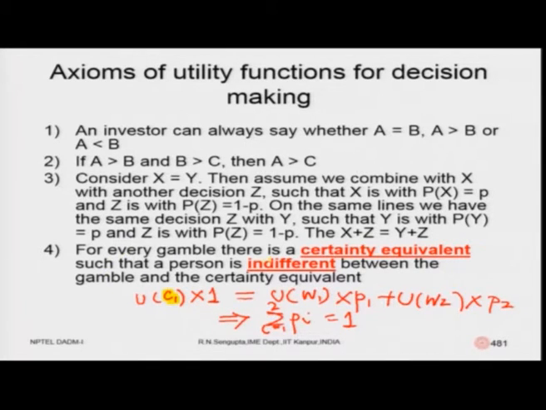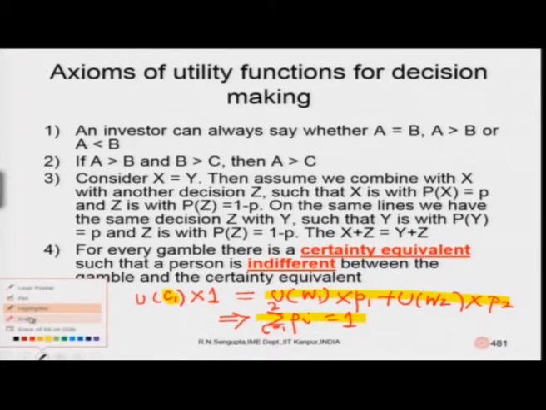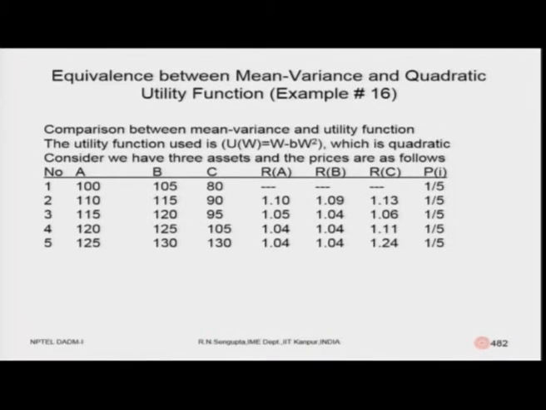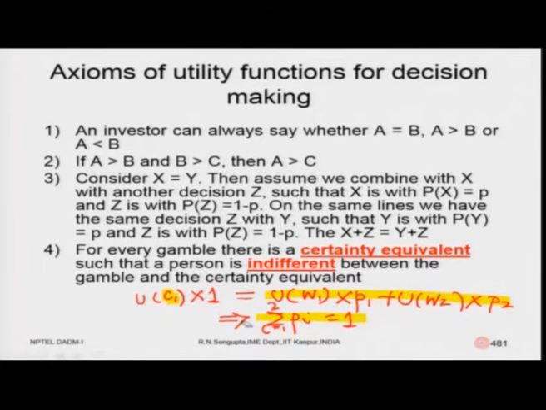So, for every gamble there is a certainty equivalent such that the person is indifferent between the gamble on the right hand side and the certainty value on the left hand side.